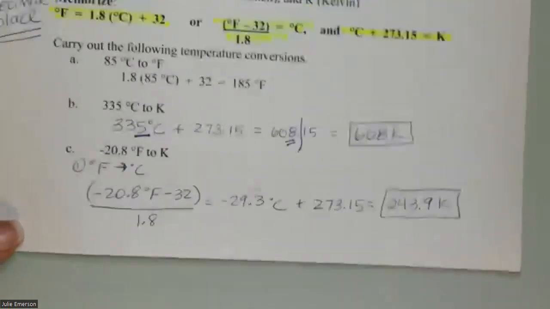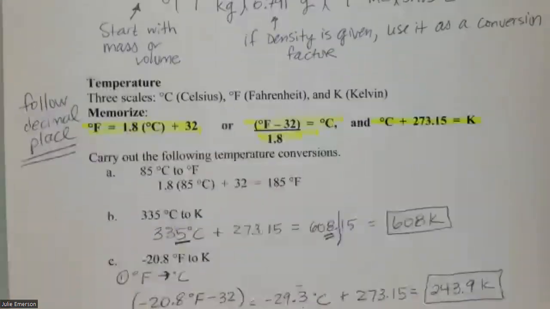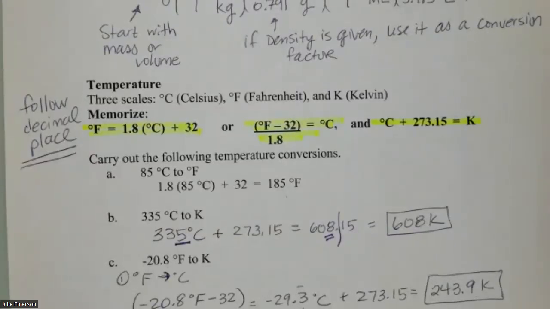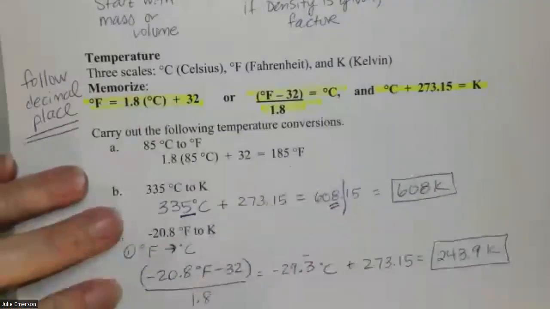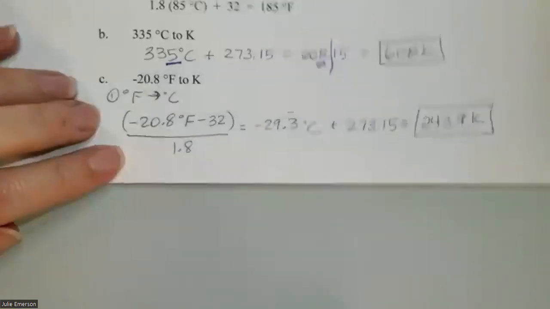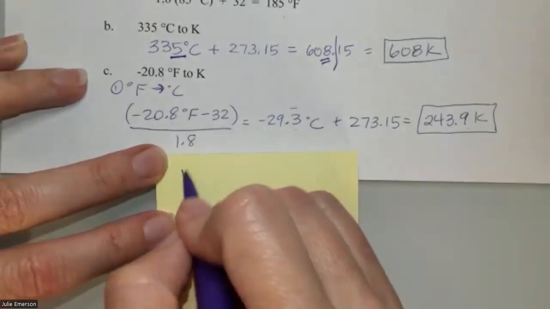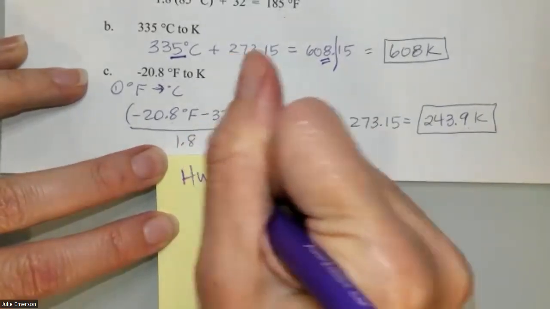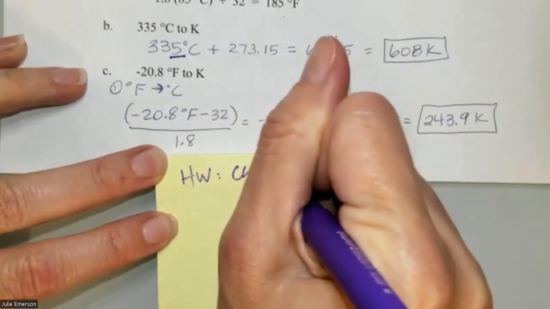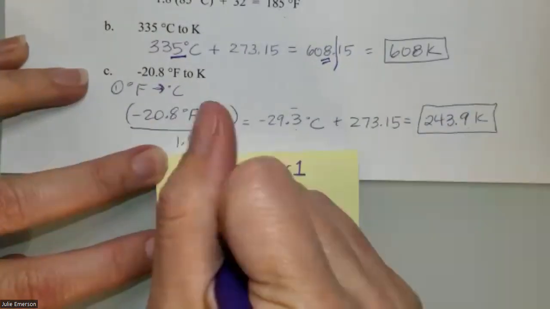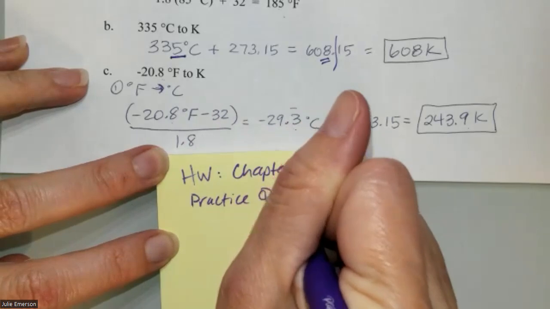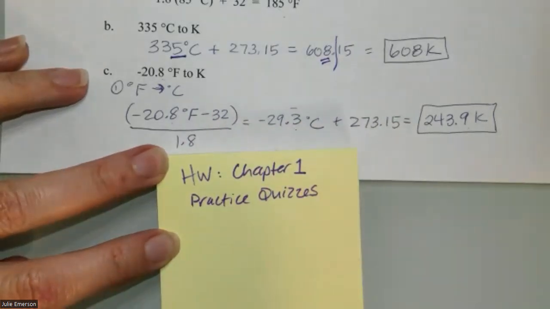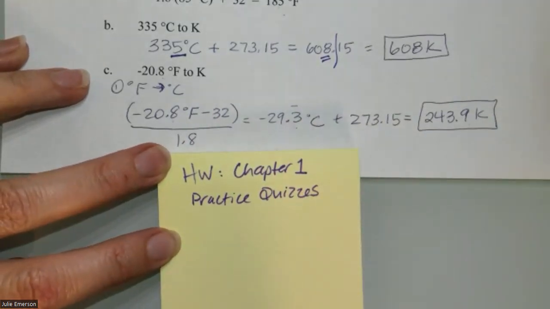All right. So we are now done with chapter 1. So your homework now is you want to go through your chapter 1 folder. You're going to have practice quizzes. Remember, those are open the entire semester. You can take them as many times as you want.